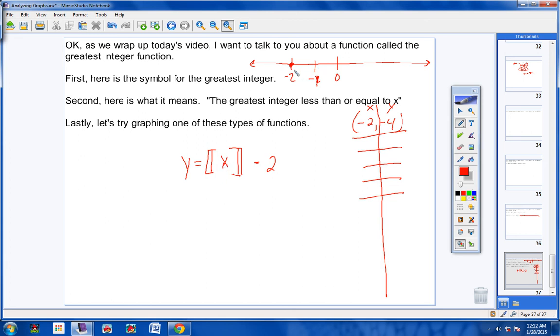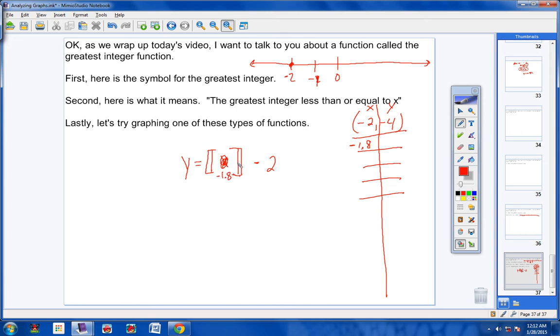Now we don't have to do a lot of these, but just watch. What you want to do is work your way to the right on a number line, okay? So the next value I'm going to put in would be like negative, let's say, I don't know, -1.8. Alright, -1.8. Now, whenever you put in -1.8 for x right here, remember, this is called a greatest integer symbol.